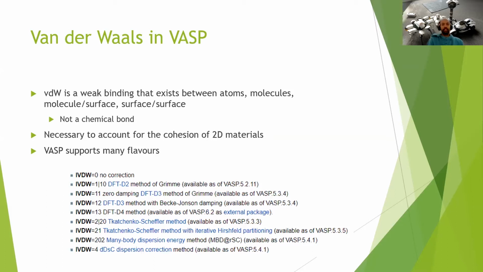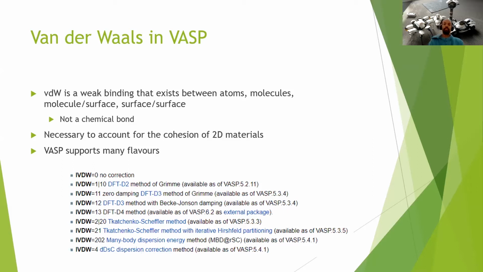In the literature there are so many correlation potentials that have been introduced to account for the van der Waals interaction, such as, for example, a few of the earliest ones by the Grimme group, and a very well-known one, the D2, which is supported by so many DFT packages. D3 as well, which is extremely popular.